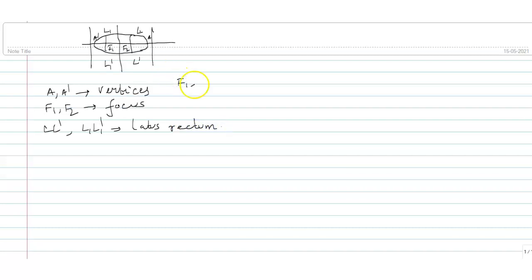This F1 F2 is equivalent to plus minus ae comma 0. That is, if this F2 is ae comma 0, and we put it in the equation of the ellipse, then the latus rectum endpoints will come in the form ae, b square over a, and ae, minus b square over a.